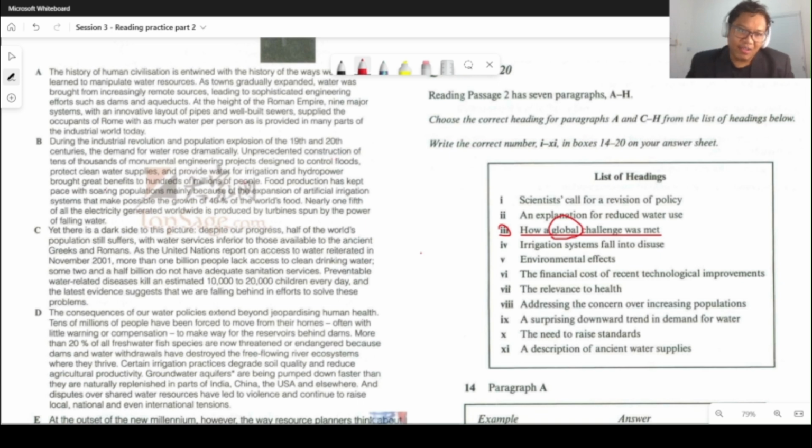And if you quickly read, food production has kept pace with soaring population mainly because of the expansion of artificial irrigation, possibly growth for one-fifth of electrical generation worldwide. There we go. There is a word that has basically the same meaning as global.